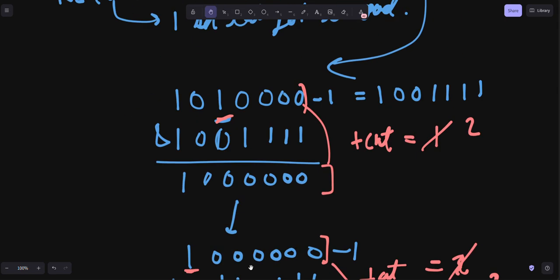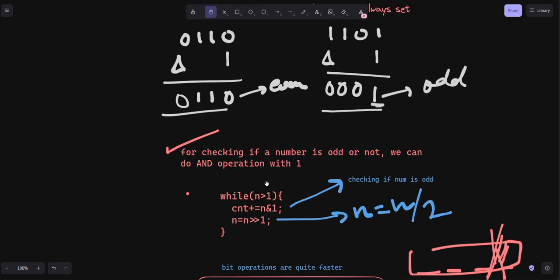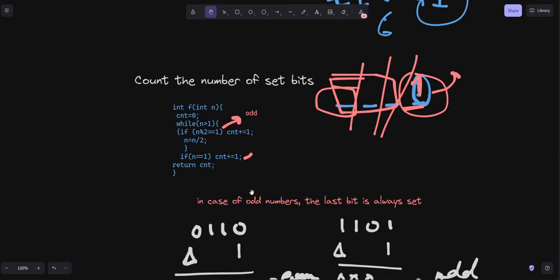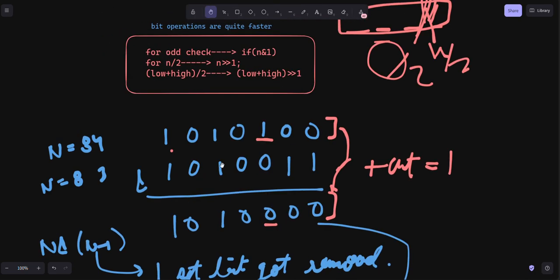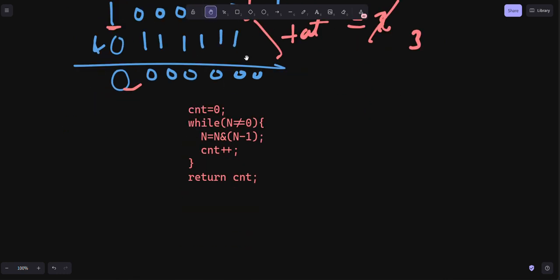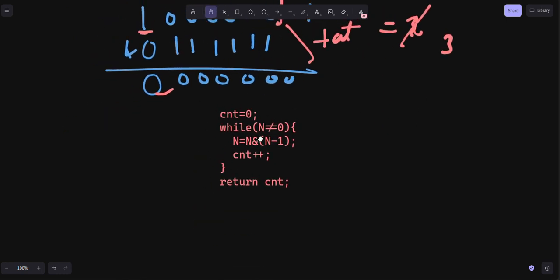You can see, instead of doing all this operation, you can just easily write how to count the bits in this way. Got it? So that's the case. And yeah, one last question I want to do.